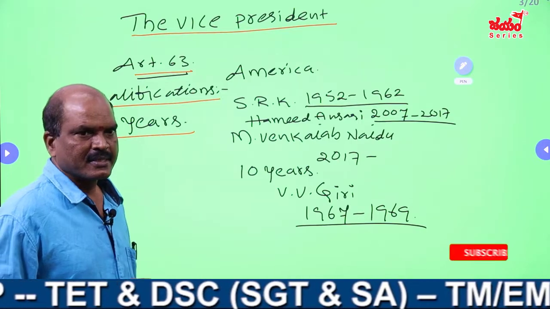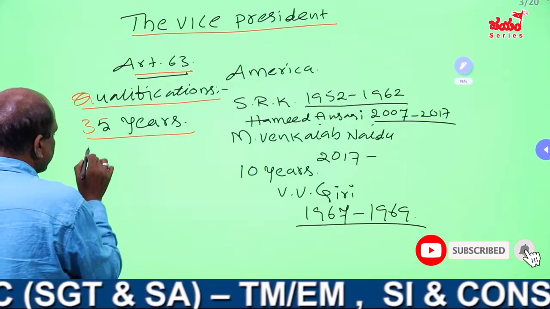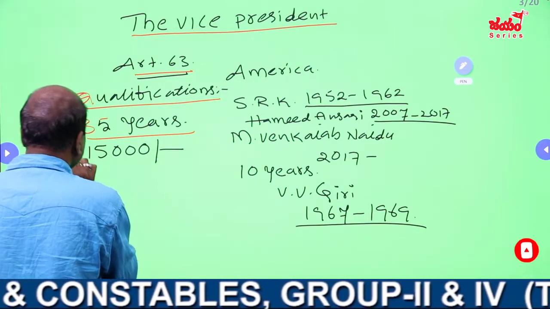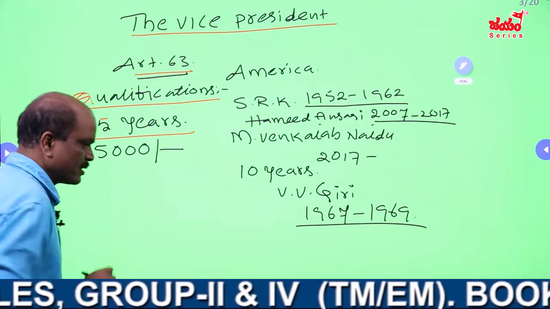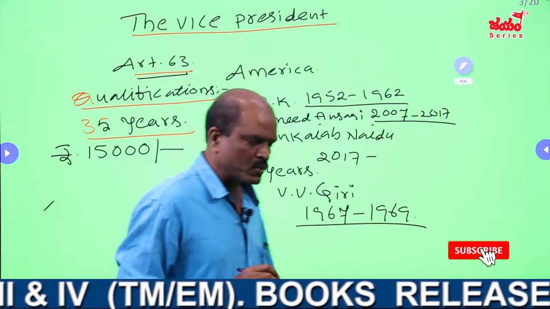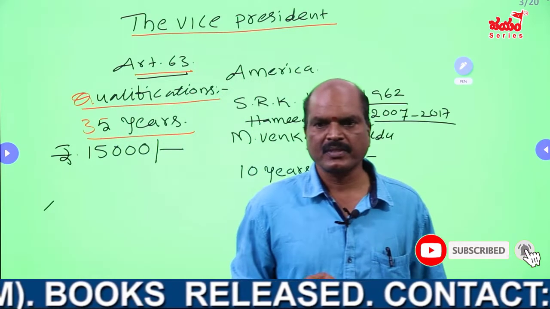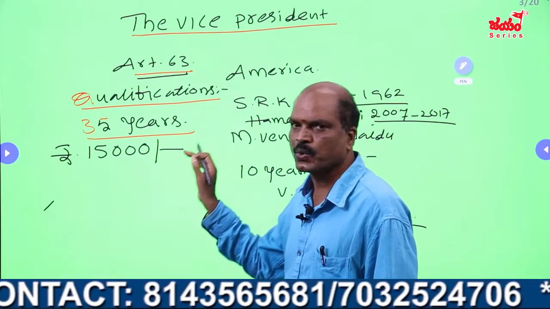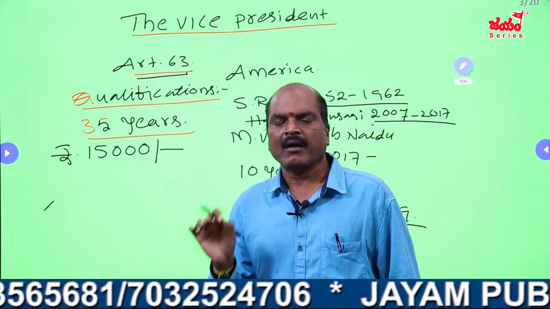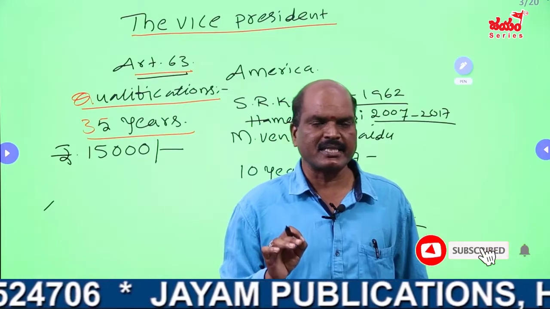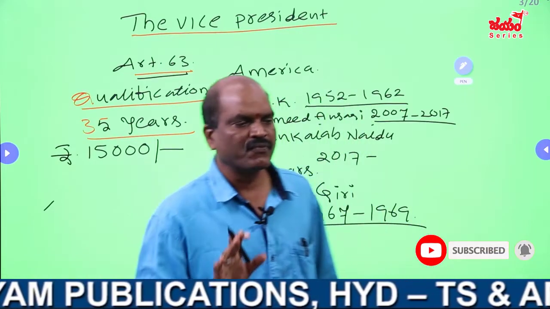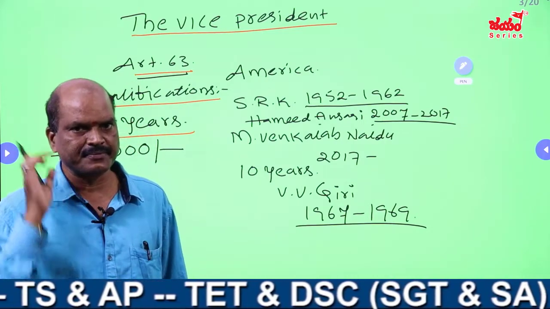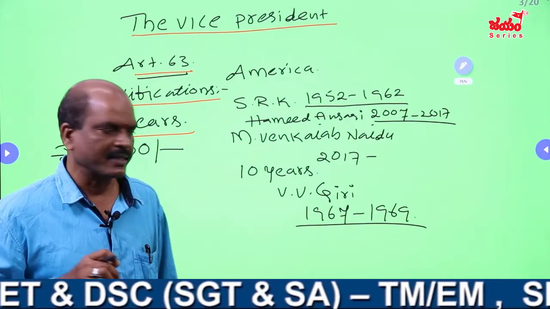Okay. Third one, deposit amount, that is 15,000 rupees. All the contesting candidates should deposit 15,000 rupees in the Vice President election. Okay.